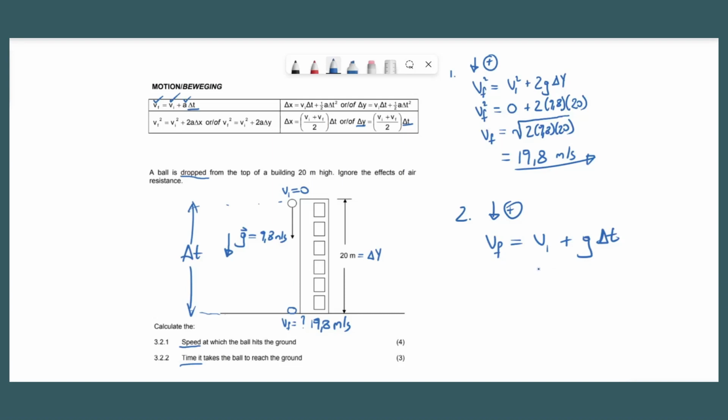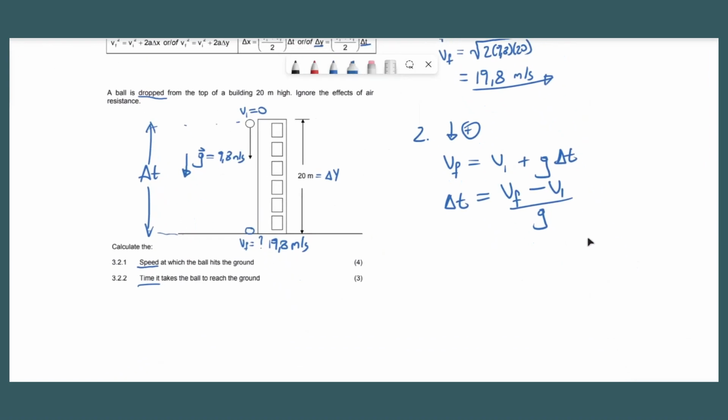Thereafter, if you want, before plugging in the numbers, you can rearrange the variables in the equation so that change in time is the subject of the formula. If you do so, you will have that (VF − VI) divided by G is going to give you the change in time. So that's just some algebraic manipulation. Thereafter, you can simply plug in all the numbers.